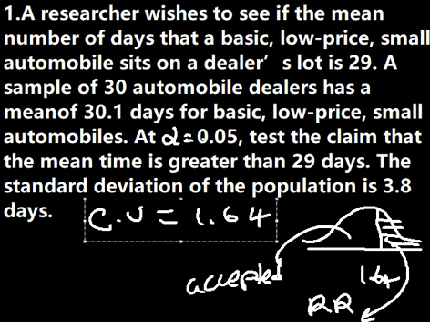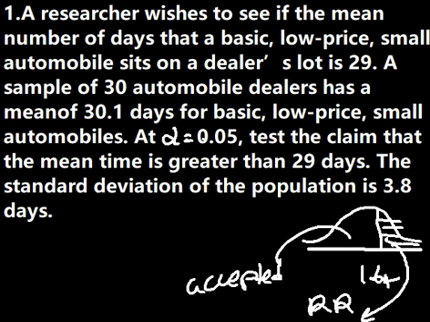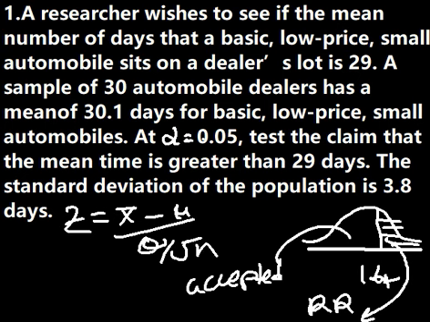The formula for the test value is the same as the way we calculate the z-score, which is z equals x bar minus mu, divided by the standard deviation divided by the square root of n, where n is the sample size, be it a population size or the sample size, whichever applies.